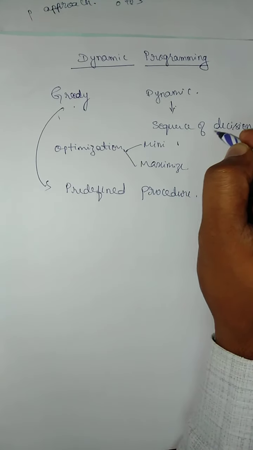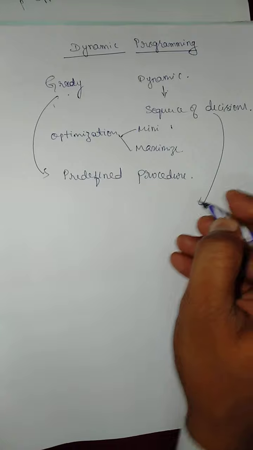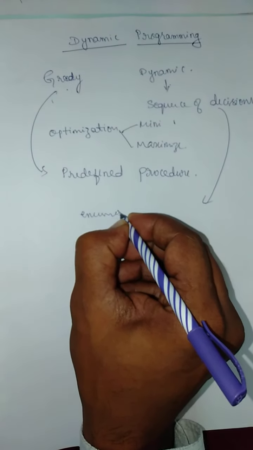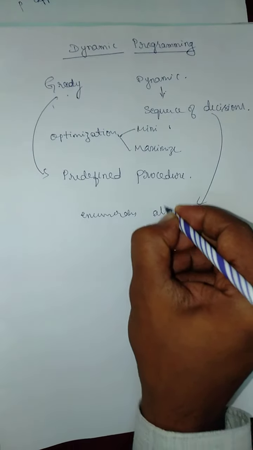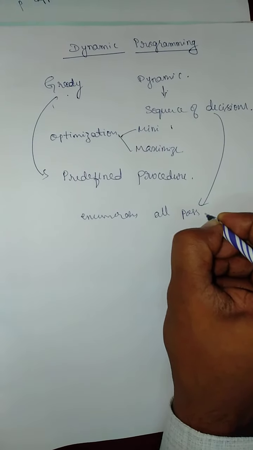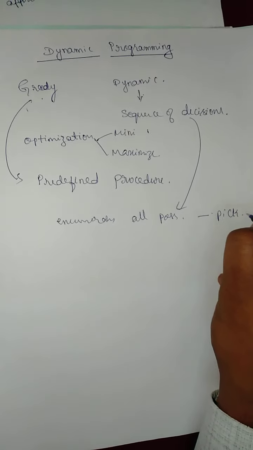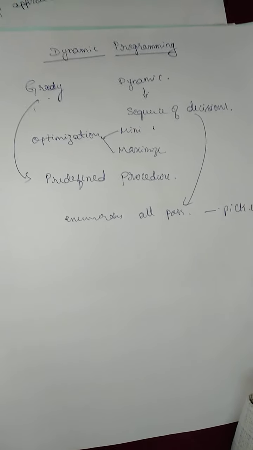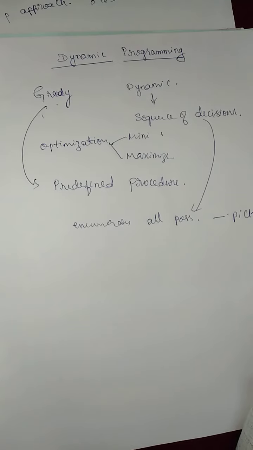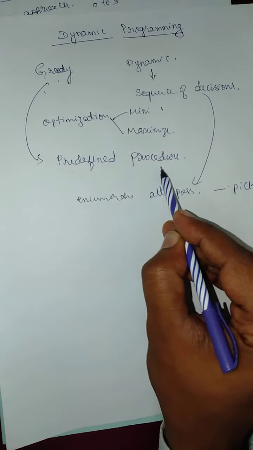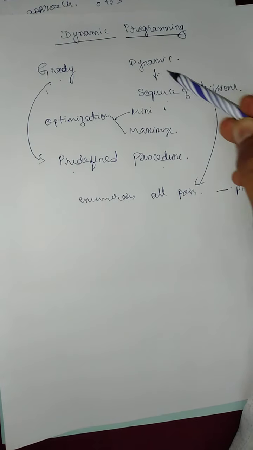In dynamic programming, usually it enumerates all possible solutions, and we have to pick up the best. So we shall look at what is this predefined procedure and what is the sequence of decisions.